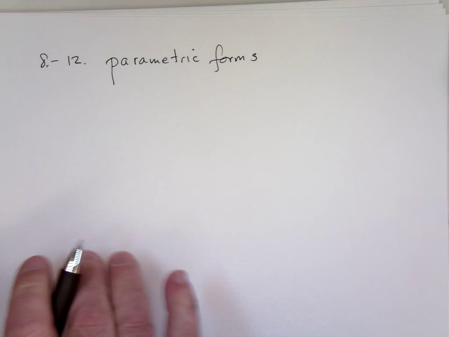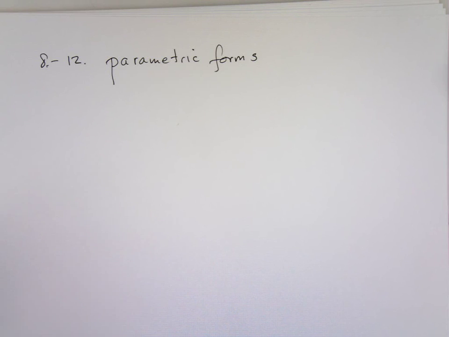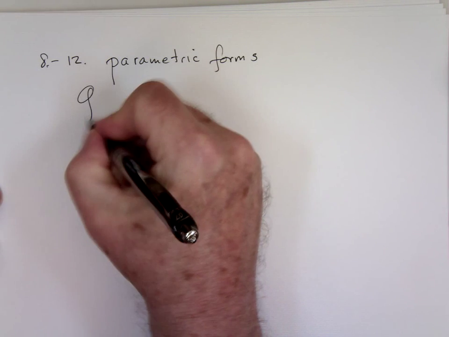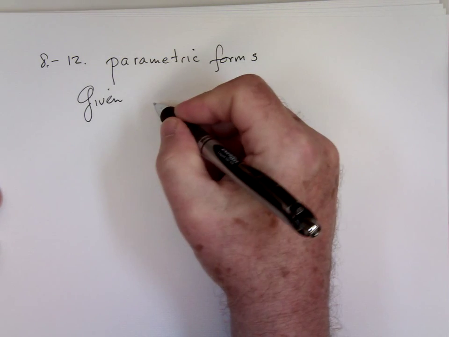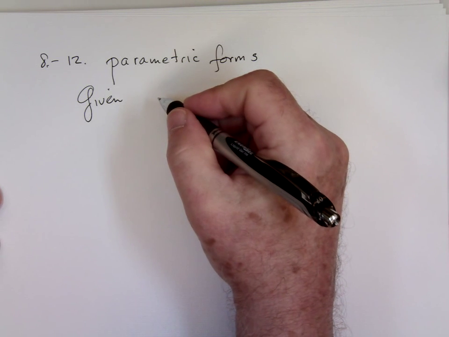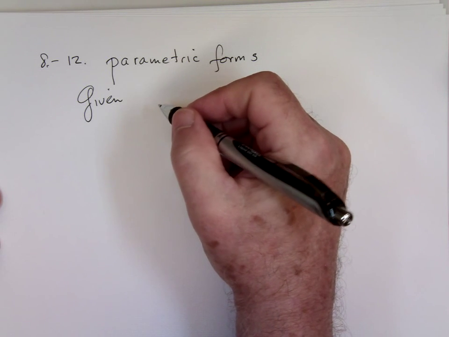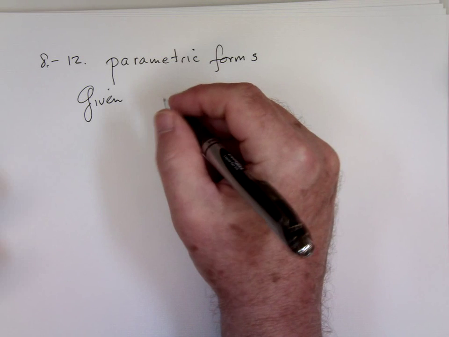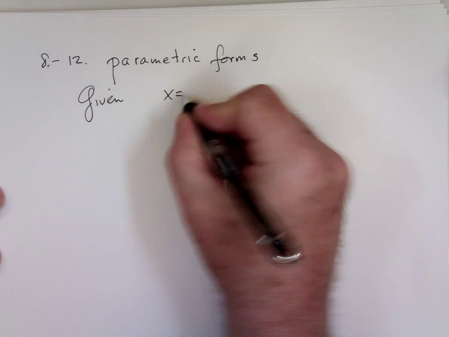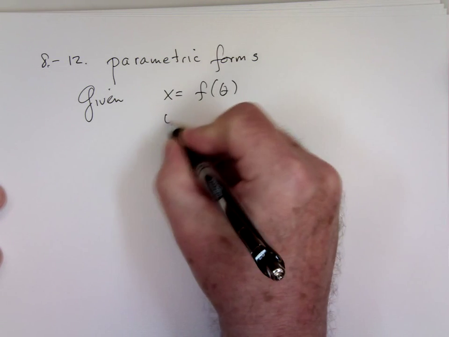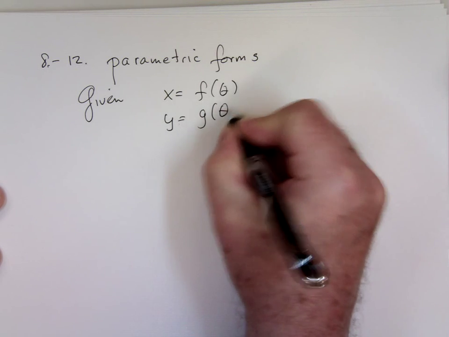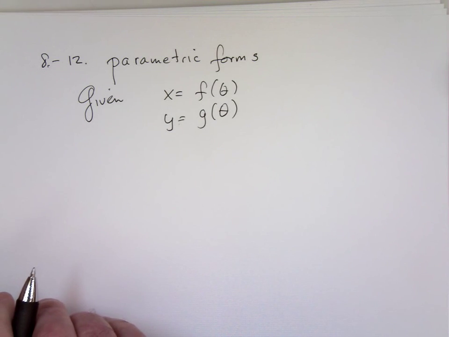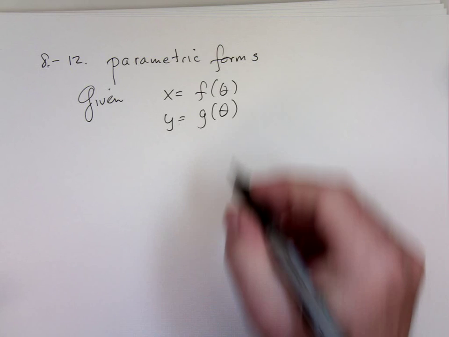Okay. I would give you, what do I give you here? I give you x and y in terms of theta, say. X is a function of theta, y is some function of theta. And I would ask for the orientation.